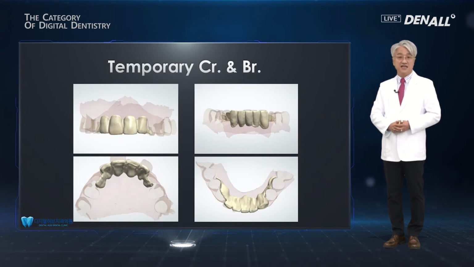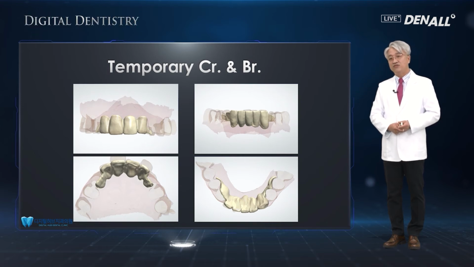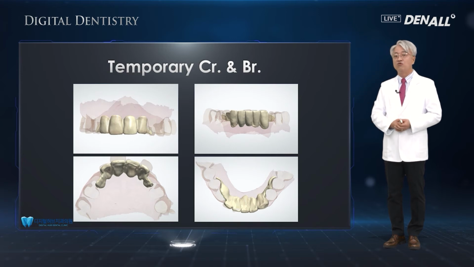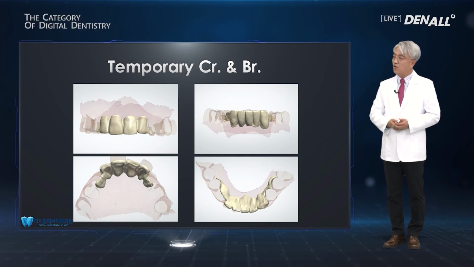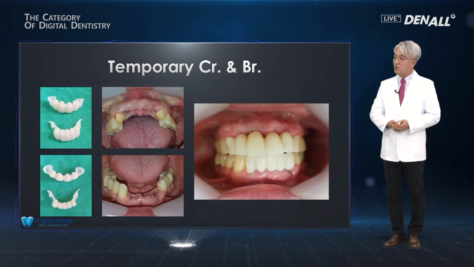The most widely used case is the temporary crown and bridge or temporary denture, for prosthesis or implant surgery. We use them a lot, so the share of temporaries clinically is very high. With CAD-CAM, a Maryland bridge can be created like this as a temporary, and a ready-made Maryland bridge and general temporary bridge is delivered to the patient.